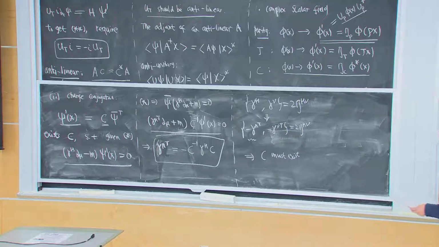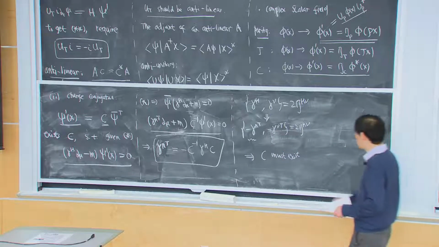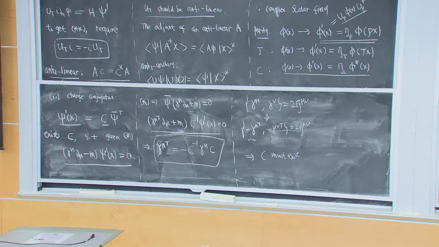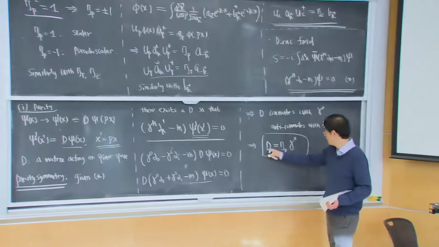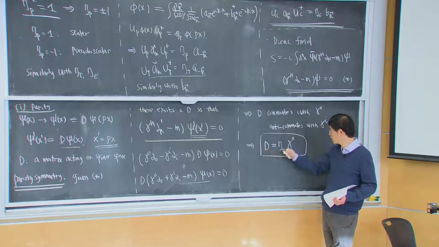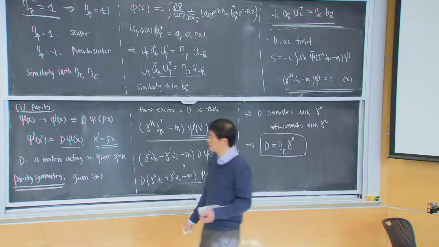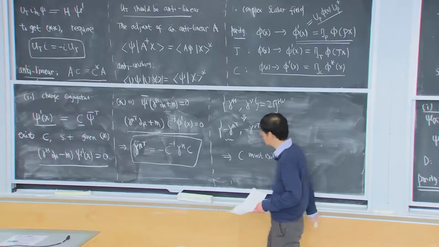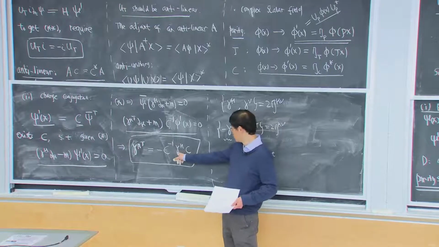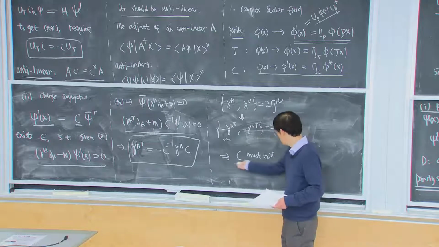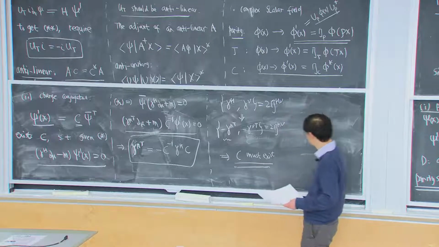Now it's not so easy to write down C explicitly as in this case. Here we could write the expression for D regardless of the choice of gamma matrices, but here it's not easy to write the explicit form of C. Of course for a specific choice of representation of gamma, you can write down C, but it's enough for us to know that C exists.